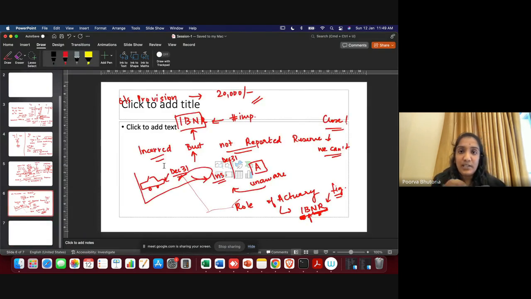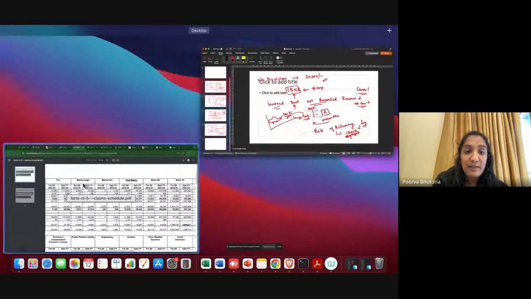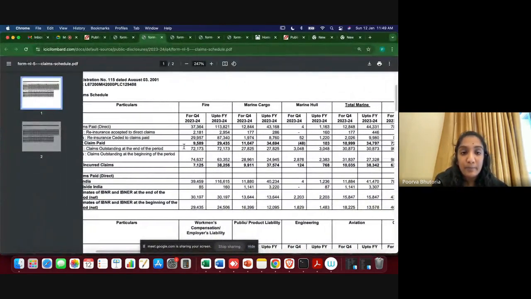So outstanding provision is made up of two components. For now, the simple basic claims that we know of, which is the outstanding provision. And the second element is your IBNR, claims that have occurred, but the insurance company does not know about. The actuary calculates the IBNR figure at the line of business level and gives it to accounts so that NL5 can be made.